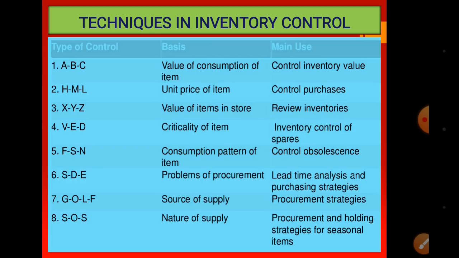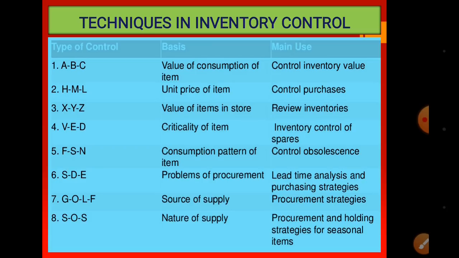Next is FSN type of control, that is done on the basis of consumption pattern of item, and the main use is to control obsolescence. Next item is SDE type of control, and that is done on the basis of problems of procurement, and the main use is lead time analysis and purchasing strategies.